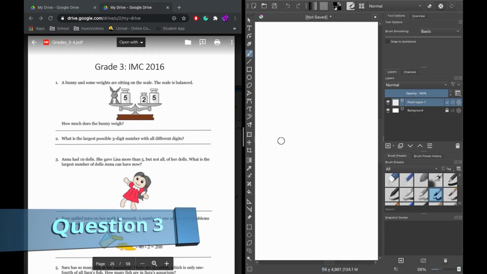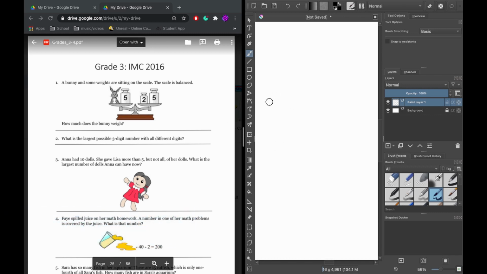So moving on to question number 3. Anna had 10 dolls. She gave Lisa more than 5, but not all of her dolls. What is the largest possible number of dolls Anna can have now? So we know that A for Anna has 10 dolls.